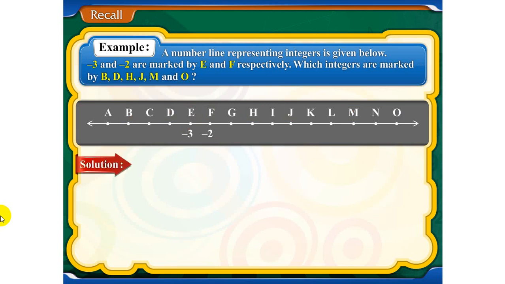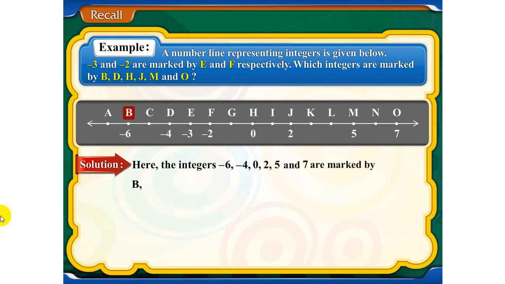Solution. Here, the integers -6, -4, 0, 2, 5, and 7 are marked by B, D, H, J, M, and O respectively.